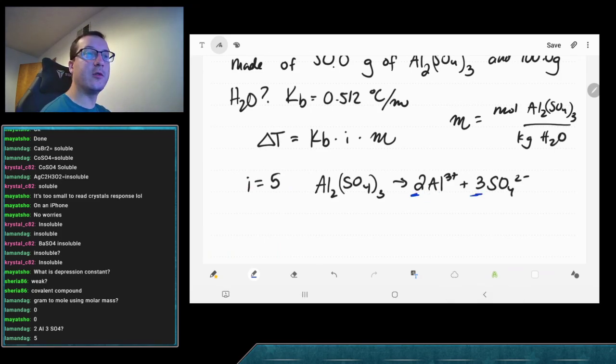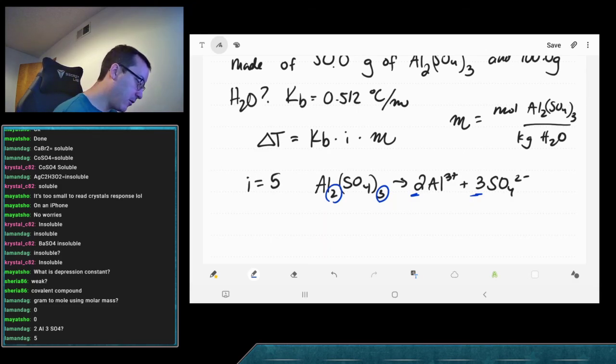If you don't want to think about it, if you have identified that your thing is soluble, you just need to add up the subscripts, and that'll give you your Van 't Hoff factor for an ionic compound, without having to think about it too much. If you just add up your subscripts from charge balancing, you'll get the number of particles that way. So if we just added up the 2 and the 3, that would give us 5.